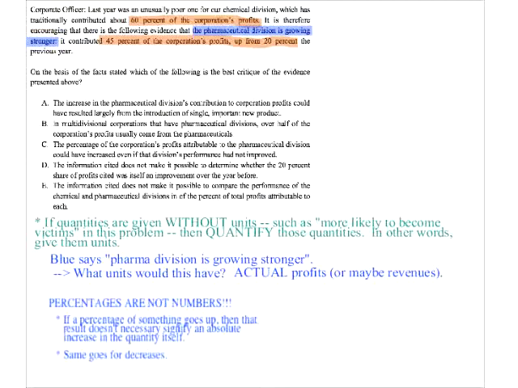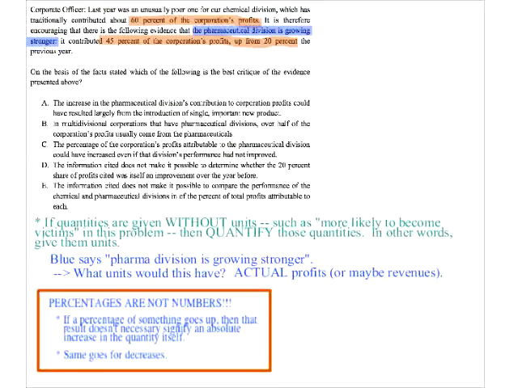So if a percentage of something goes up, like here, these things are percentages of the corporation's profits as a whole, then that doesn't mean an absolute increase. Number one, you should be aware of this in the first place.